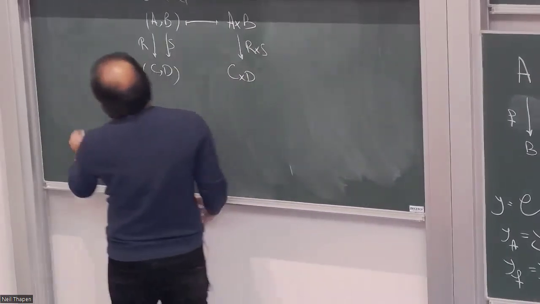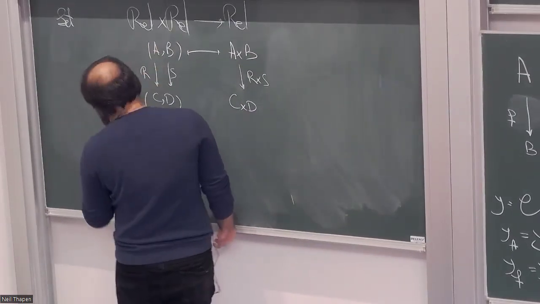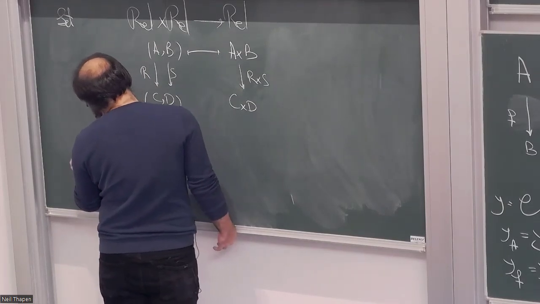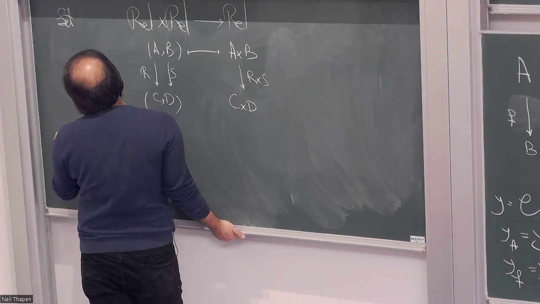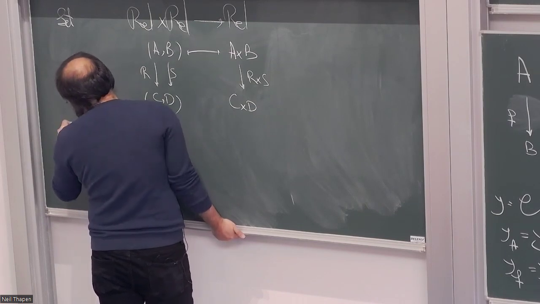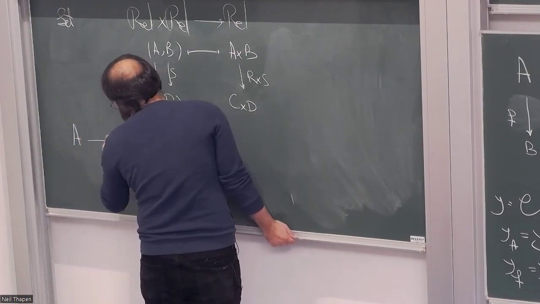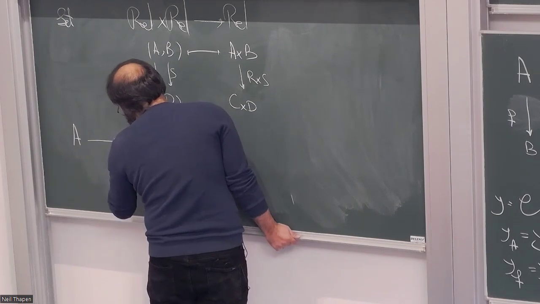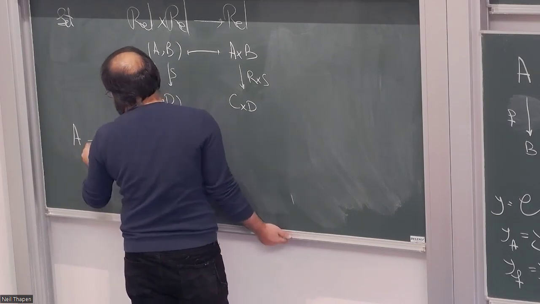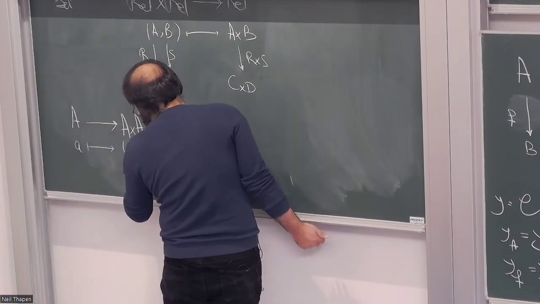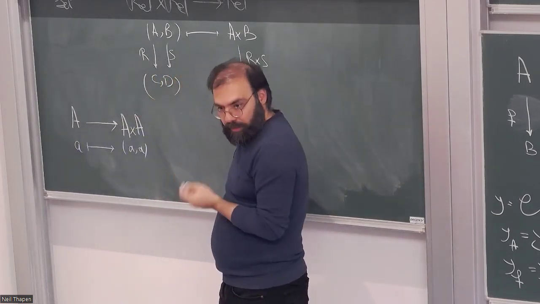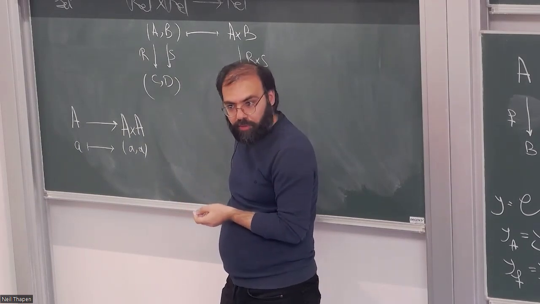Okay, then you can use this functor to have these two functions. So for any set A, you can go from A to A times A, mapping A to the pair (A, A). That's just a very natural map, right?